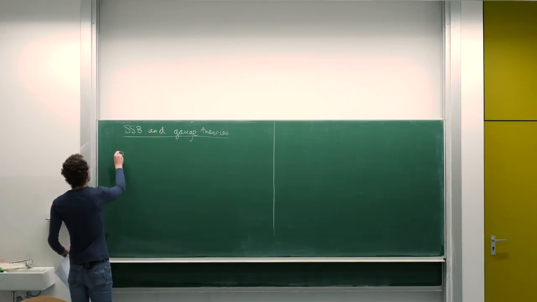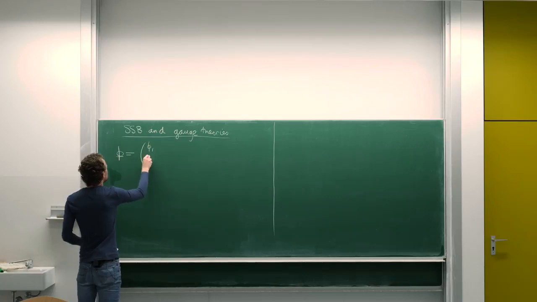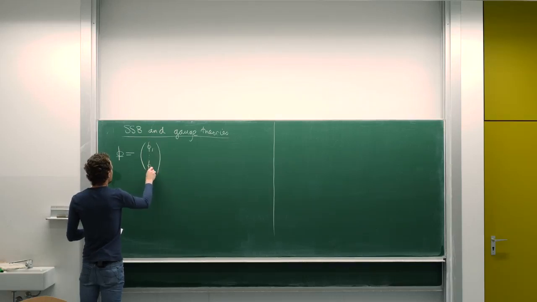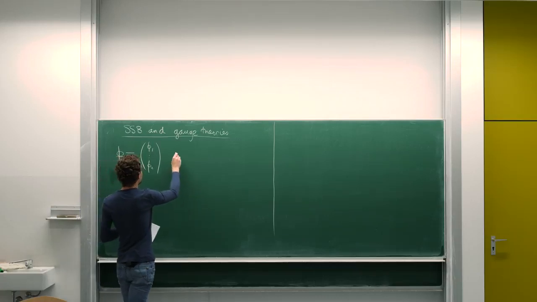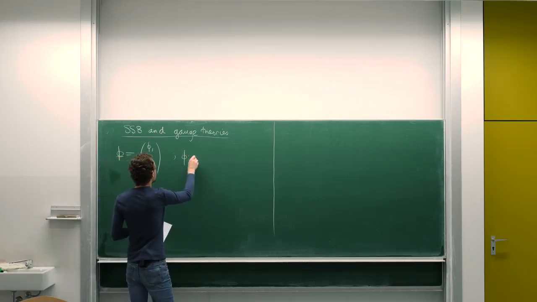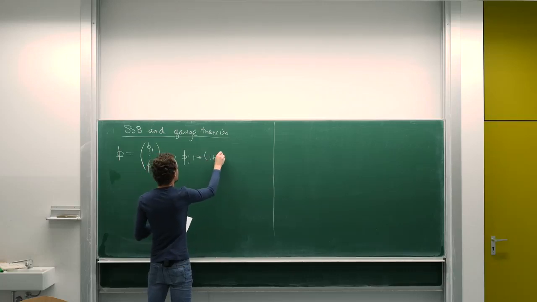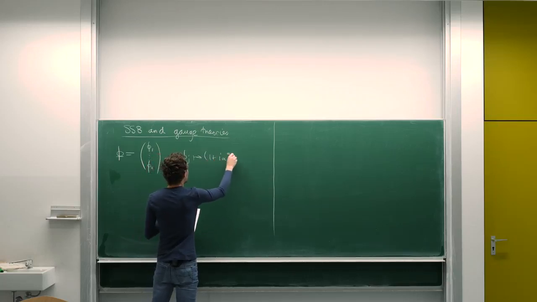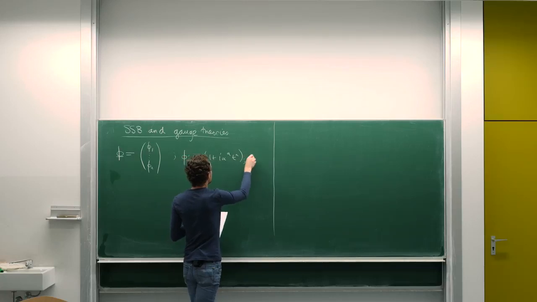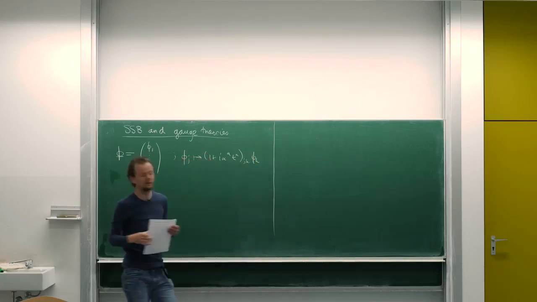So if you recall from the previous lecture, in the case where we have a tuple of scalar fields that transform under some local gauge symmetry according to some group. This is what we did in the previous lecture.